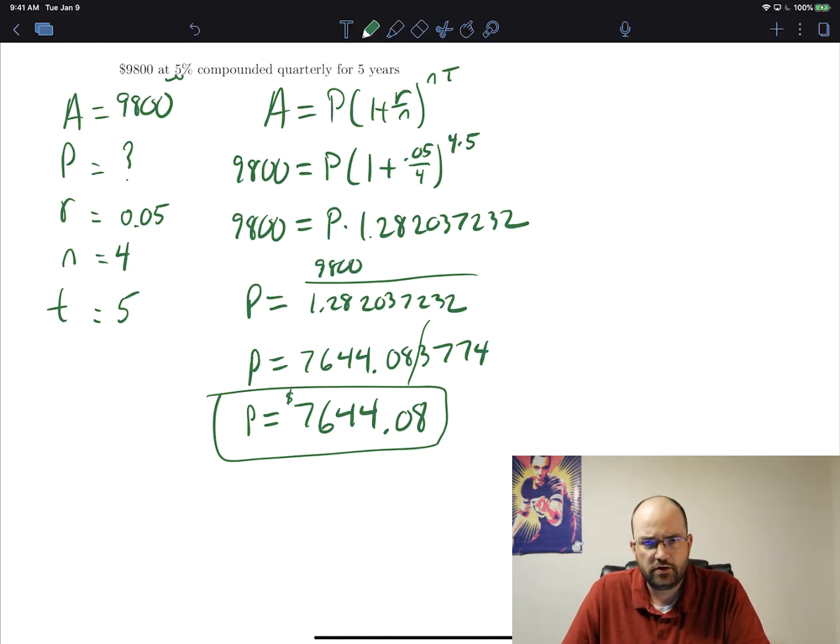That wasn't too bad, honestly, and so I would expect you to decide to do this one this way. But we can still use the TVM solver for this, so I want to go ahead and show you how to do that.